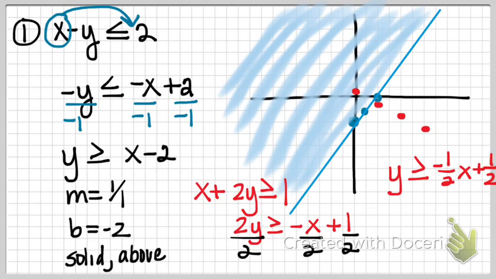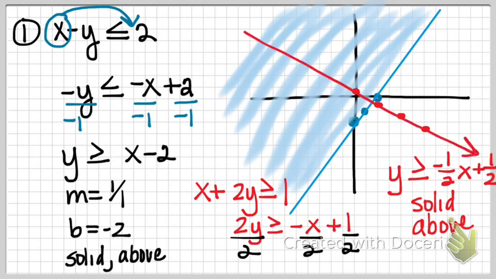Solid, because it's equal to. And am I shading above or below? Above, because it's greater than. So I'm going to make a solid line. And then I'm shading above it.